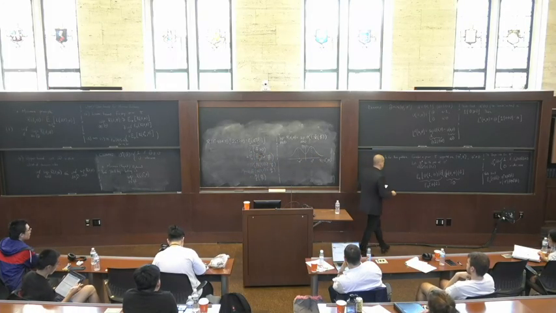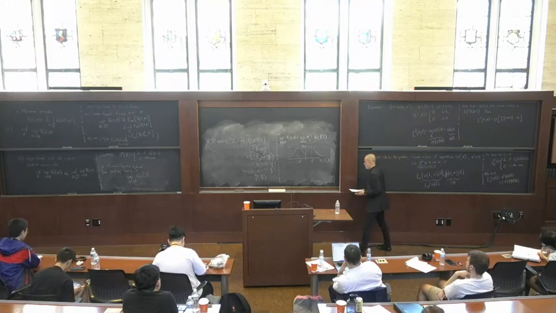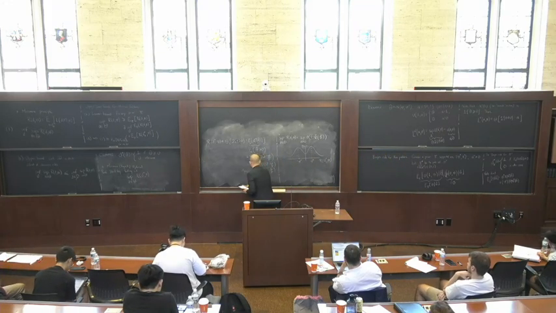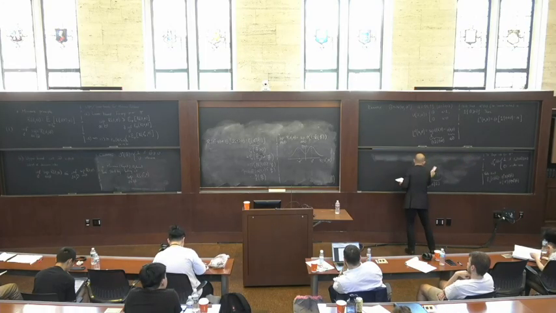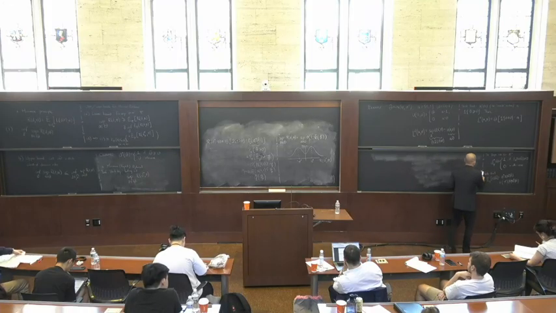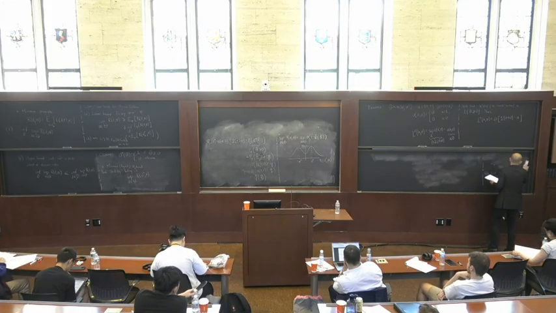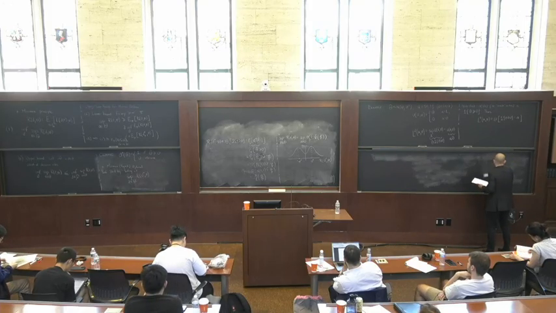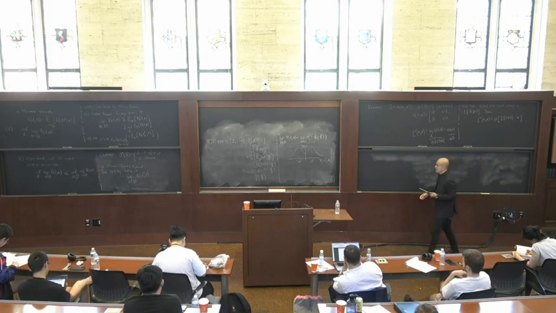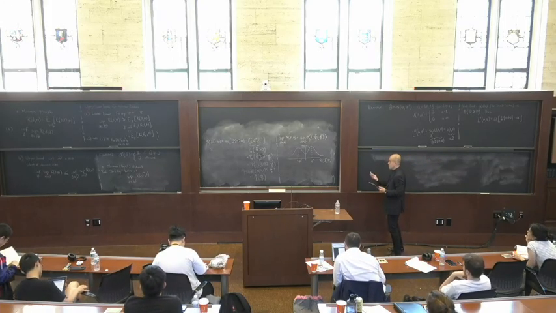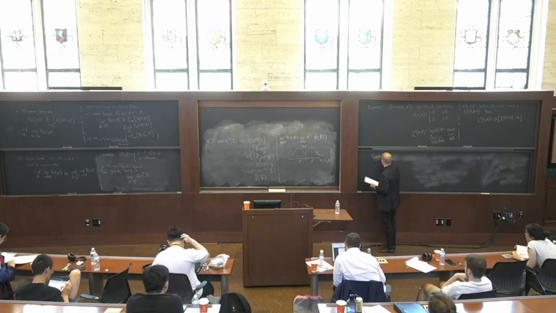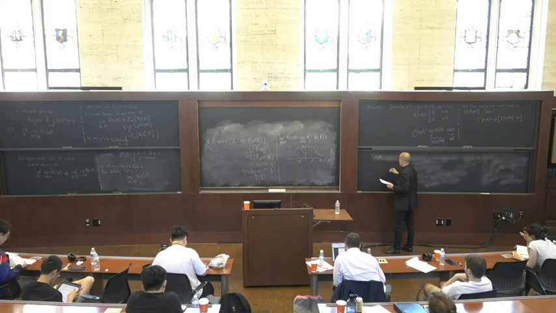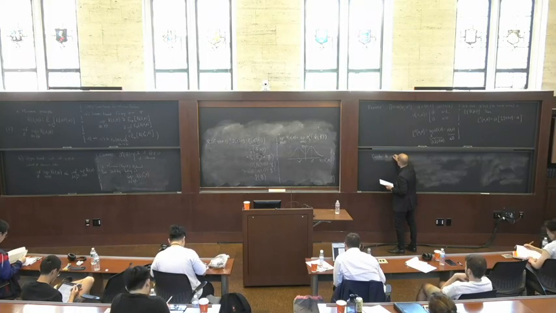So that means that the average risk, so let me do it over here. Excellent. So consider the prior pi.